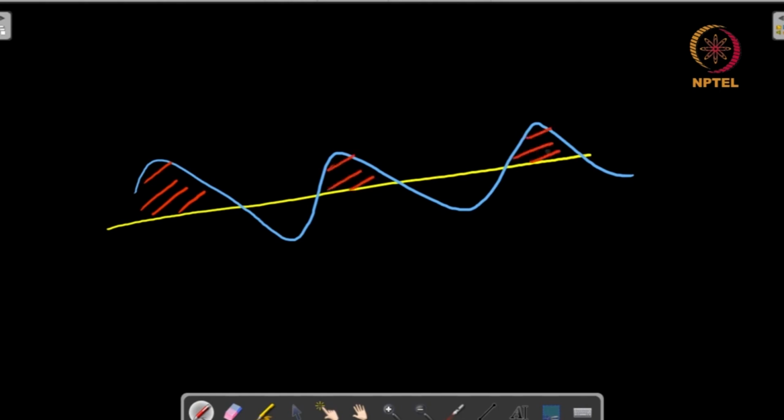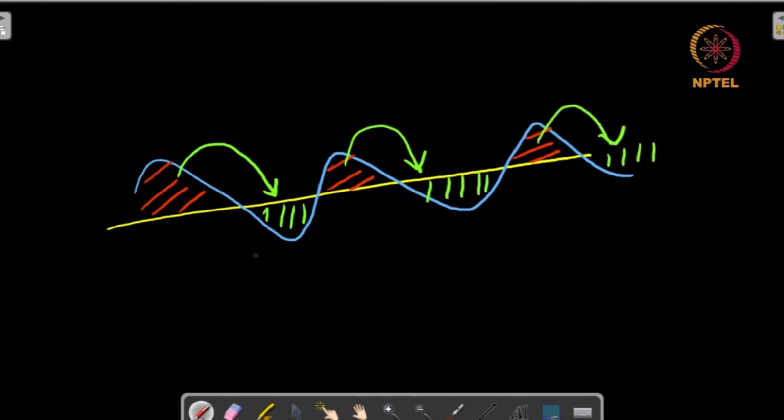That is, the earth in these locations will be cut, and the earth will be taken to the other location where there is a depression, and it will be filled up in these locations. So we have a cutting operation and we have a filling operation.